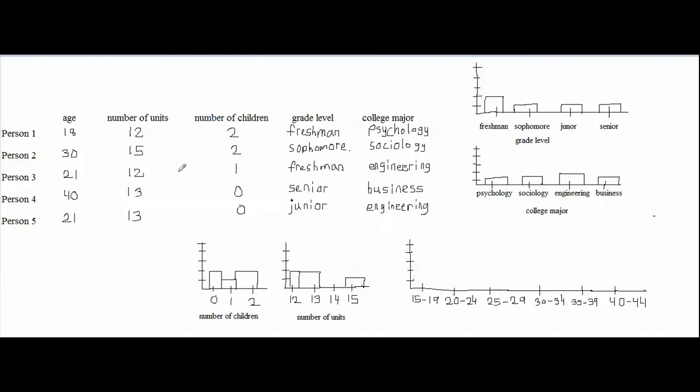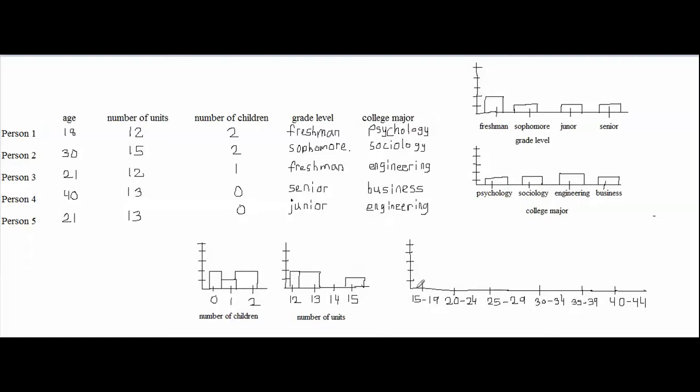So now we have to count how many numbers appear between 15 and 19. In this column of data, in the age column, how many numbers are there that are between 15 and 19? Well, looks like only one number, because 18 is the only number that's between 15 and 19 in this column. So this interval down here has a frequency of 1.